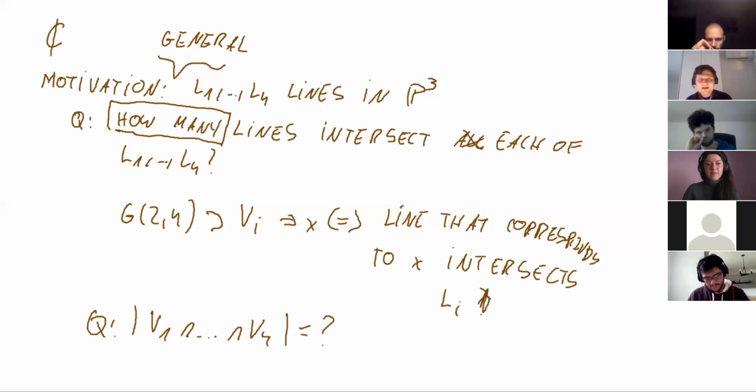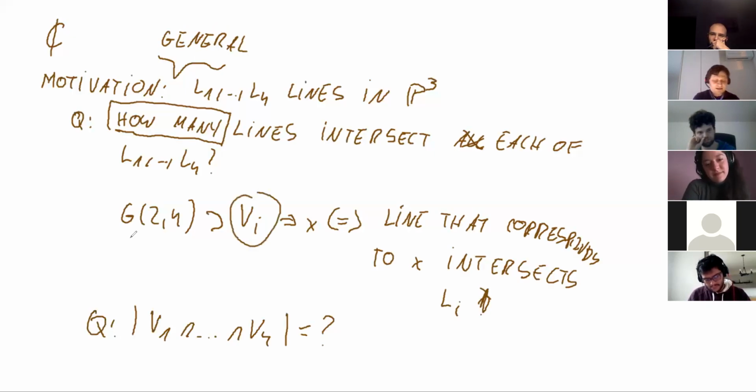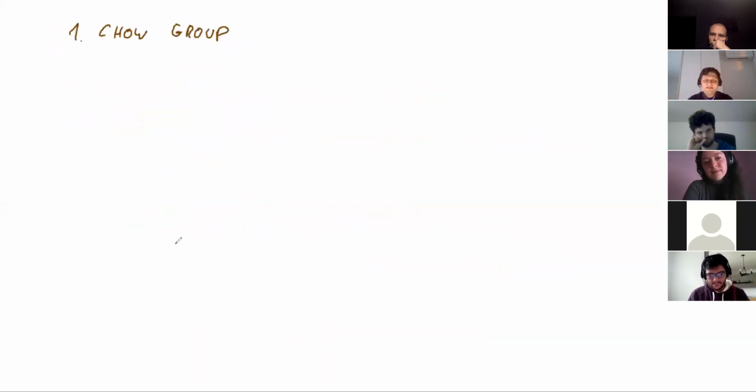Okay, so this is the motivation, and to develop the tools that will be needed, we will first introduce the Chow group of a variety. Because, as you can see, we will be interested in varieties, this motivates us to look maybe at all subvarieties. So for me, a variety will be irreducible. So let X be an irreducible variety.